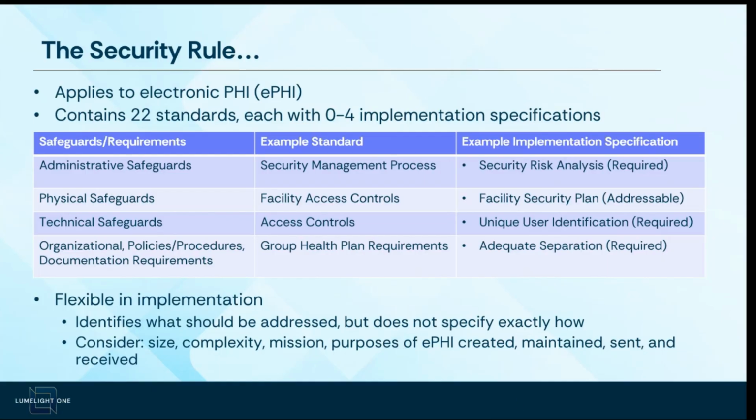For example, more stringent specifications are going to be appropriate for a hospital, versus those that are appropriate for a health plan. That said, the health plan still needs to do a few things to comply with the security rule.